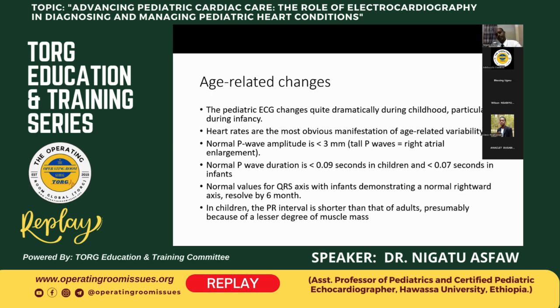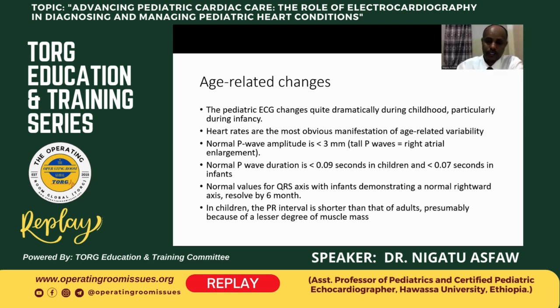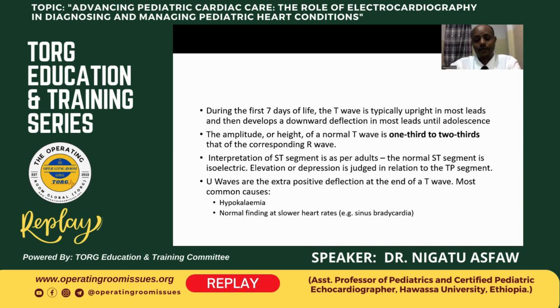The PR interval is also shorter in pediatrics compared with adults, as there is a lesser degree of muscle mass. So we need to, of course, standardize for the age of the patient.